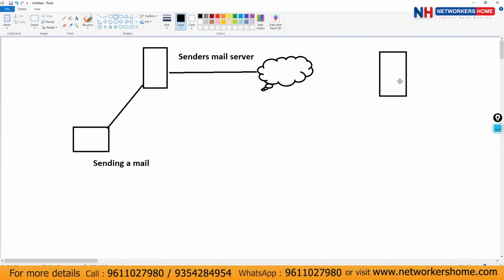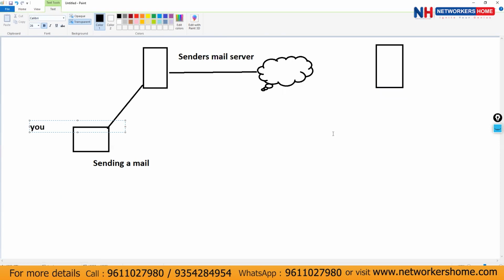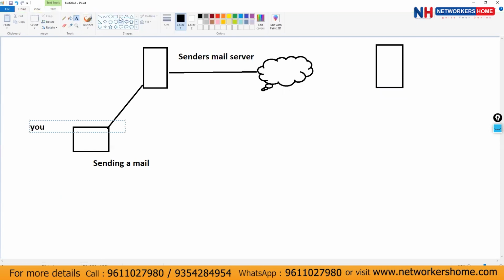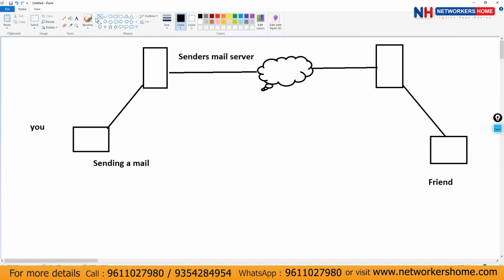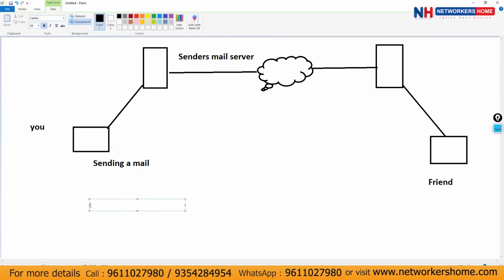So on the other end you have your friend. Let's consider this is you and your friend is somewhere else, let's consider he is in Dubai. You are in Bangalore and he is in Dubai and you want to send a mail to your friend. Consider this is your friend. Clear? You both are using Gmail, or let's consider you are using some domain, for example, abc.com, and he has his own domain, that is xyz.com.